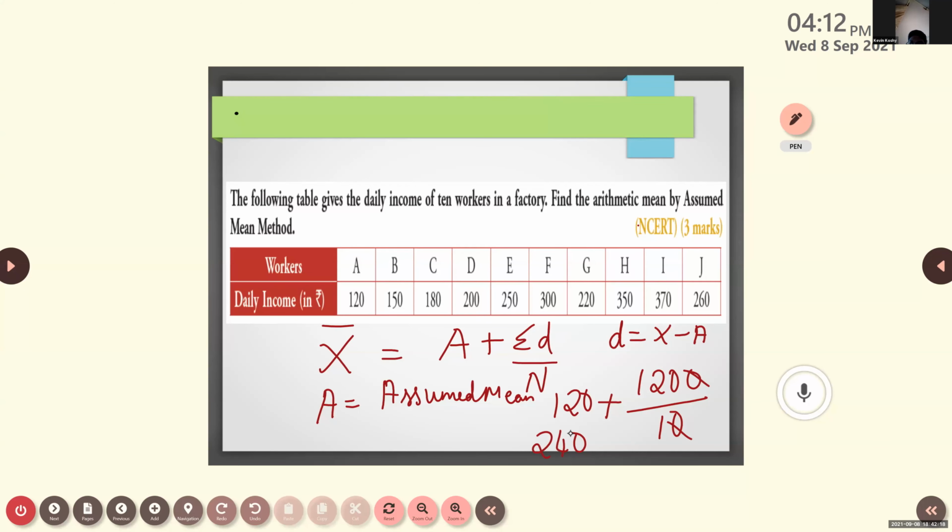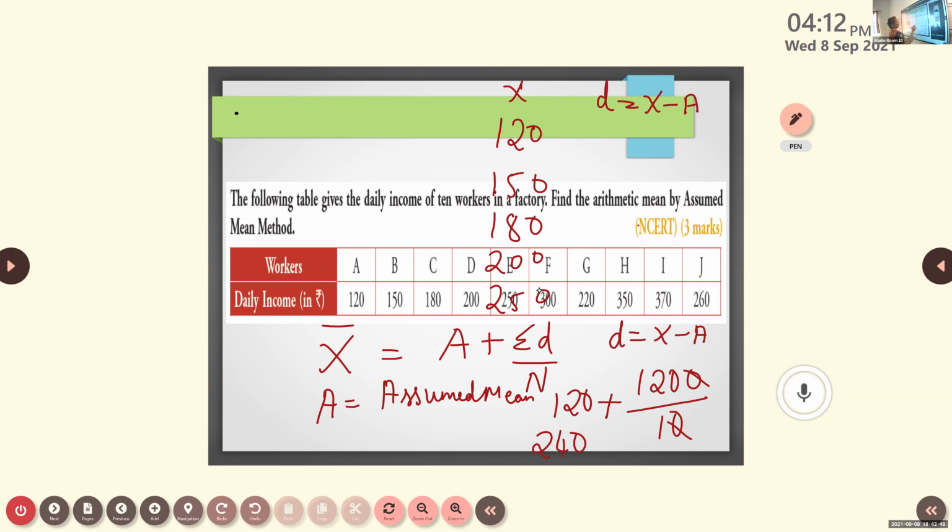Ma'am, can you show how to do it again? I'm a bit confused. See, if you have taken 300, you will be writing like this: 120, 150, 180. These are the observations X. Now to get D, you take the assumed mean, that is X minus A. After 180, that is 200, 250, 300.